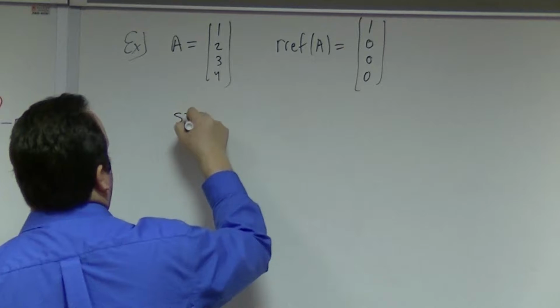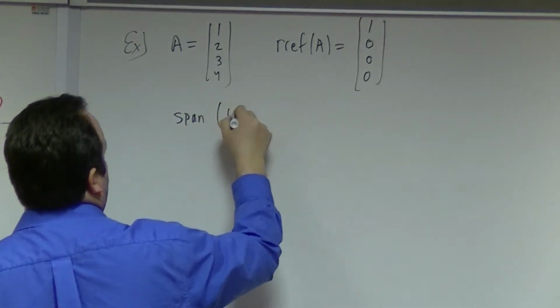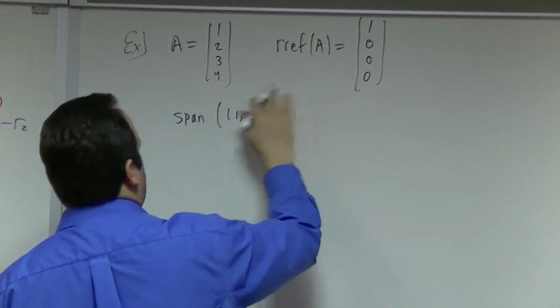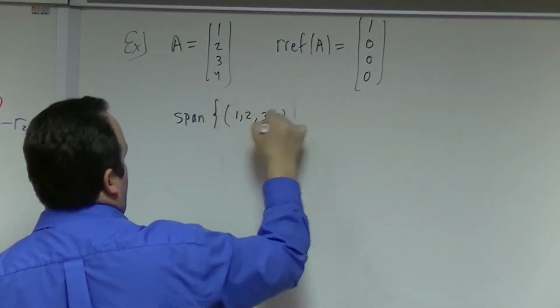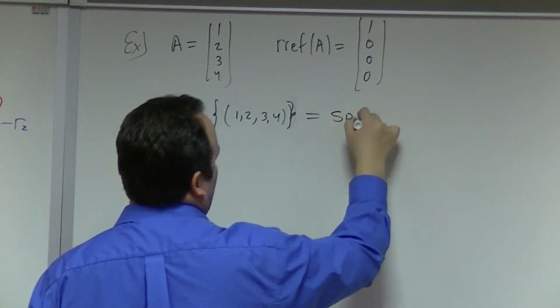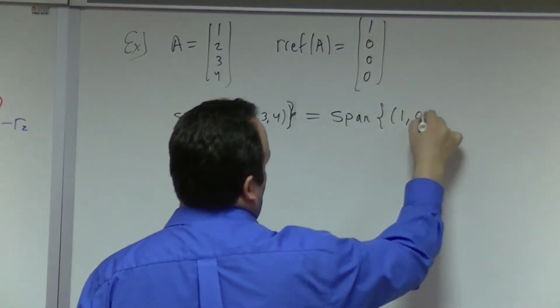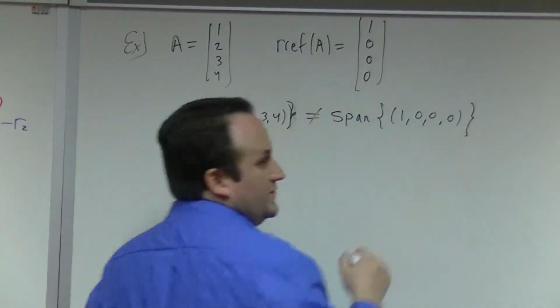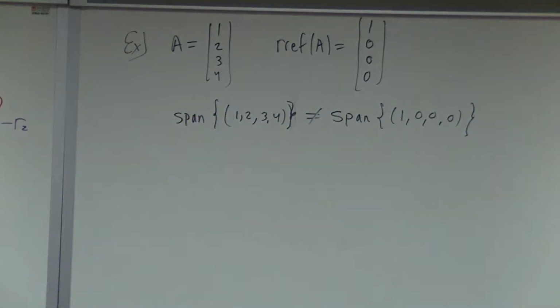Notice that the span of 1, 2, 3, 4 is not the span. So you don't use the columns of the reduced row echelon form to form the basis for the column space. You actually have to use the original columns.